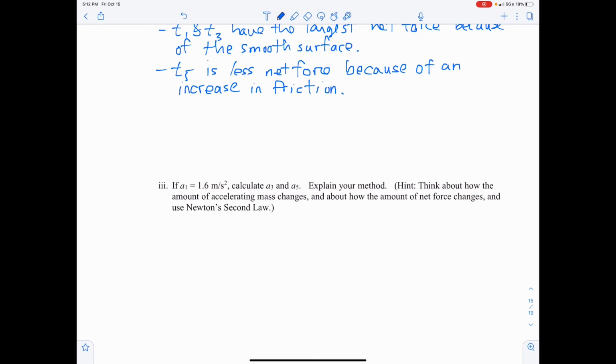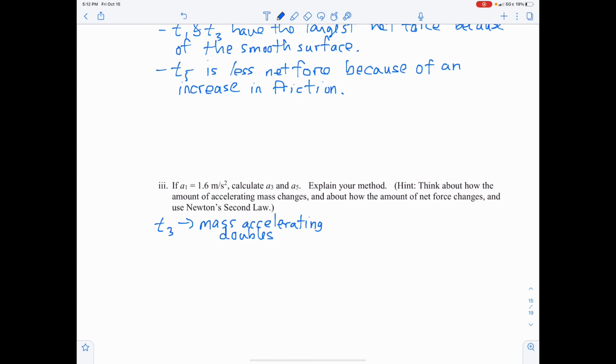Part 3, if A1 is 1.6 meters per second squared, calculate A3 and A5. Okay, so here's what's going on. At T3, the total mass that's accelerating doubles.